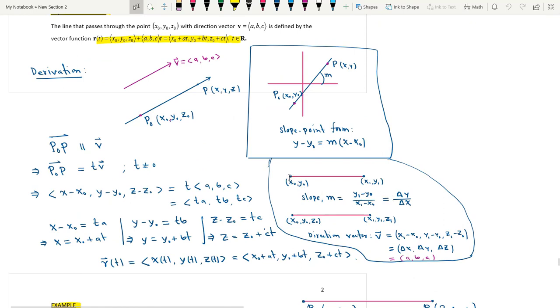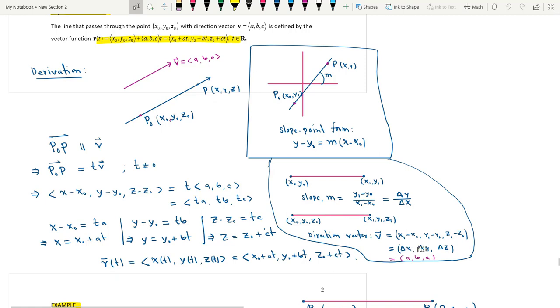We know if a straight line passes through the points x0, y0 and x1, y1, then the slope m equals y1 minus y0 divided by x1 minus x0. Rise over run. That means del y over del x. Similarly, if a straight line passes through the points x0, y0, z0 and x1, y1, z1, then its direction vector v would be x1 minus x0, y1 minus y0, z1 minus z0.